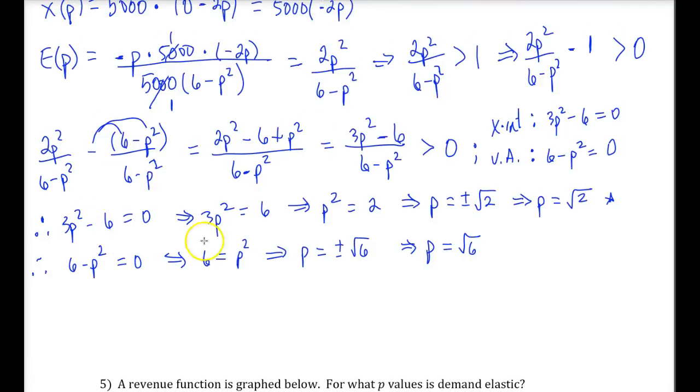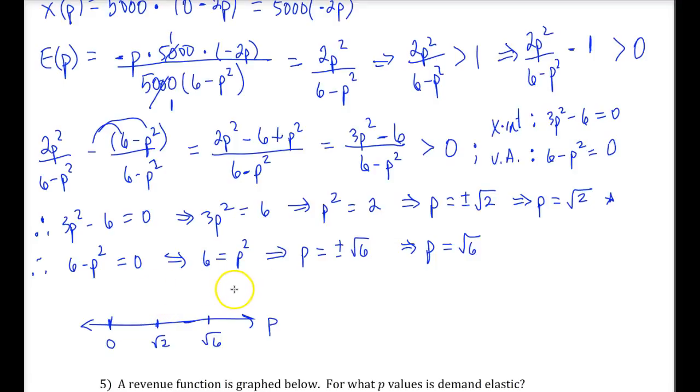So now that we know what our partition values are, and we know that for pricing we're not going to go below 0, we start here at 0, and then do square root of 2, and then here square root of 6.